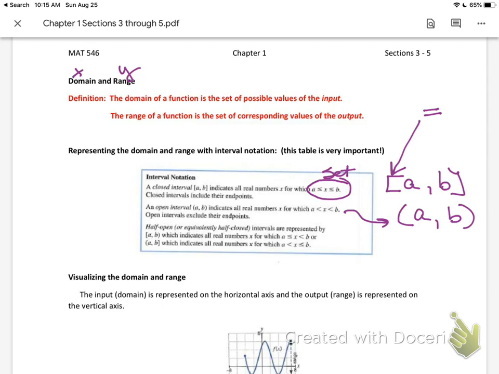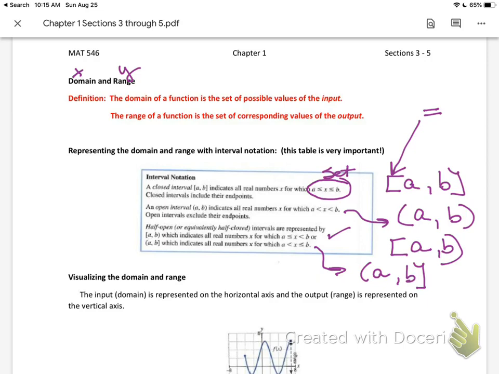So for example, if you say here x is greater than or equal to A, you have the equality, and x is less than B, you cannot equal it. You can come close to it, but you cannot equal it. And the last one, x is greater than A, greater than gives me a paren, and x is less than or equal to B, that gives me a box.